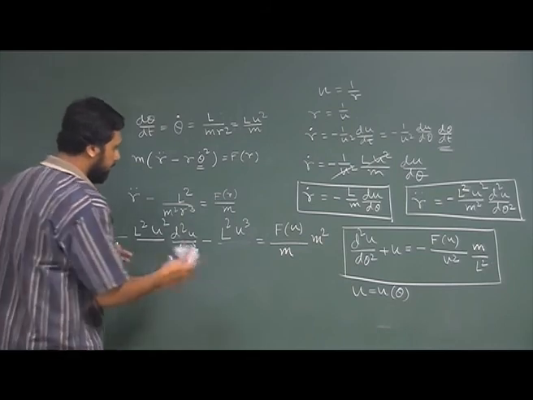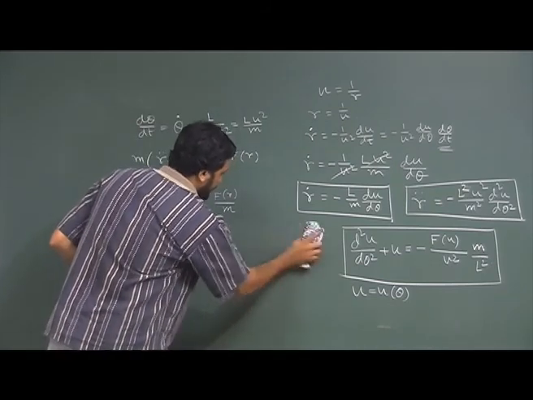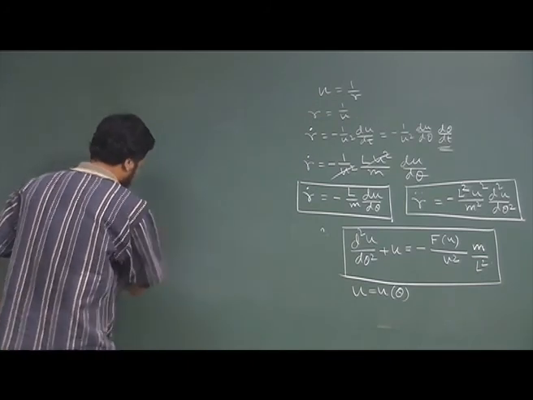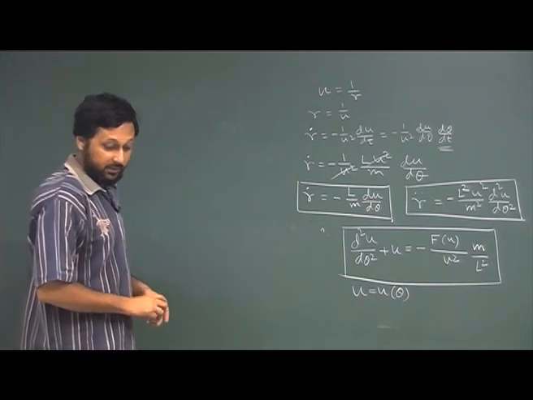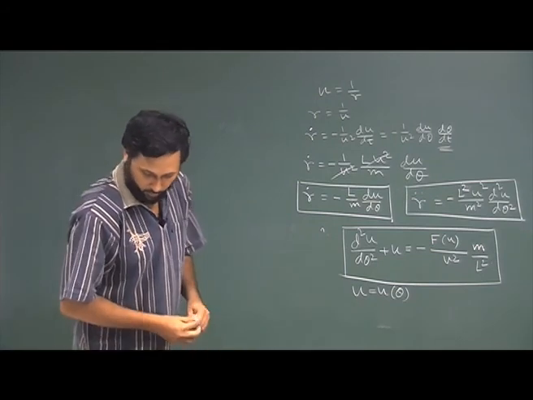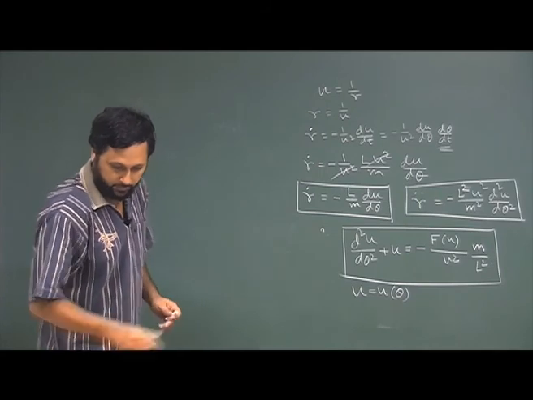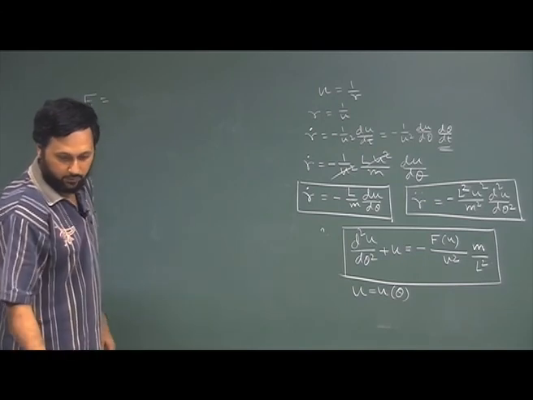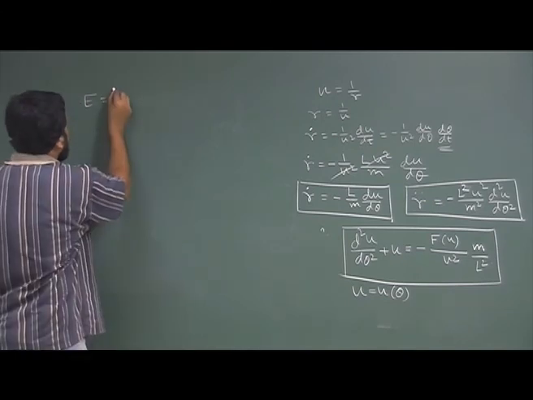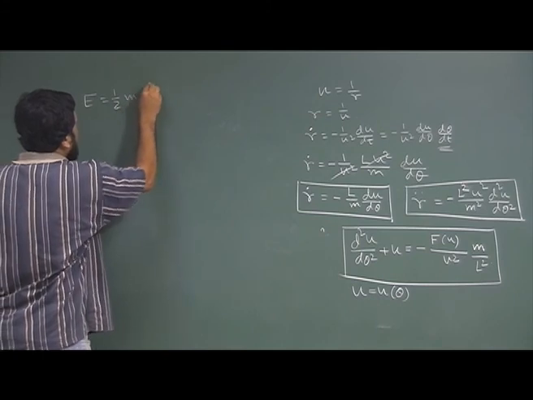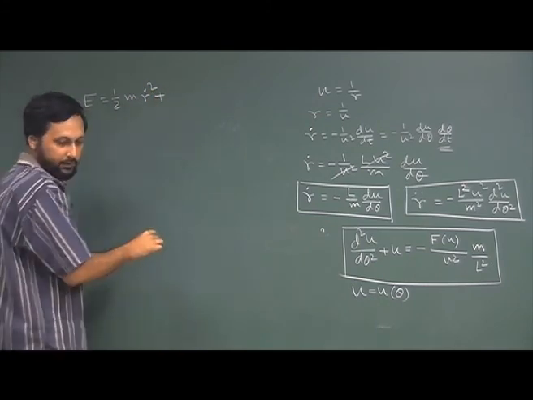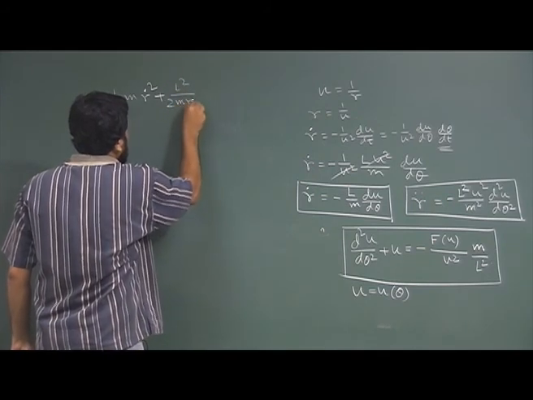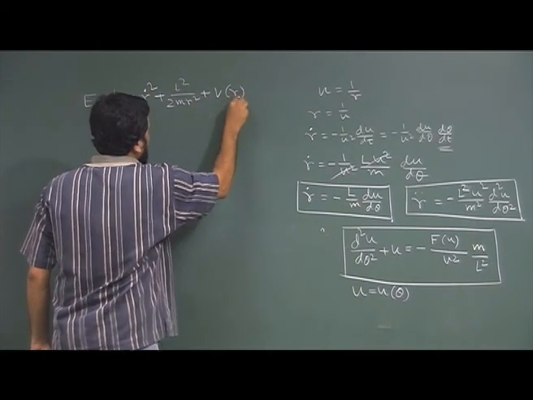Now, before going there, we can also get an alternative equation which is not a homogeneous equation, but a first order equation. If you recall, the energy expression was E equal to kinetic energy plus potential energy. So, you will simply get half m r dot square plus L square by 2 m r square plus V of r, right.